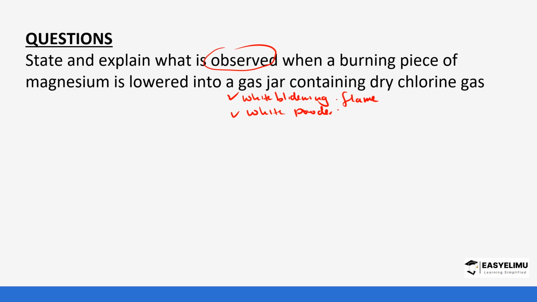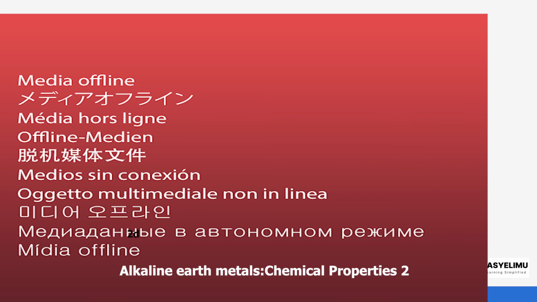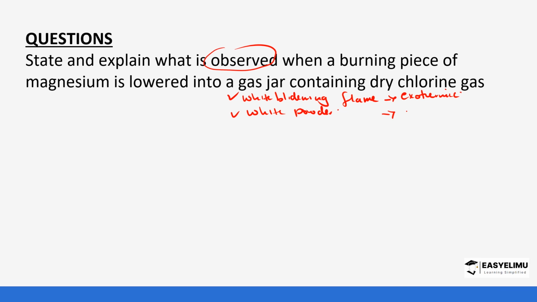If we explain, the reaction is very exothermic. That's the reason why it continues to burn with the blinding flame. So when the magnesium reacts with chlorine, it forms magnesium chloride, which is the white powder.